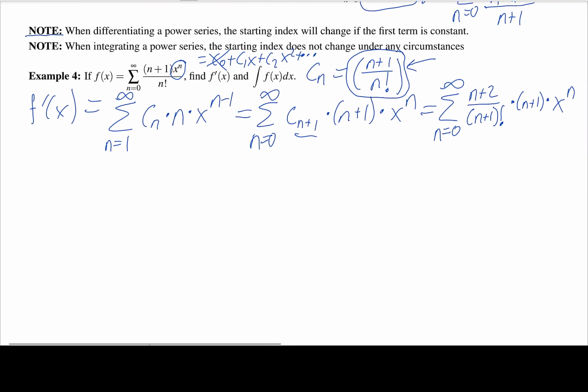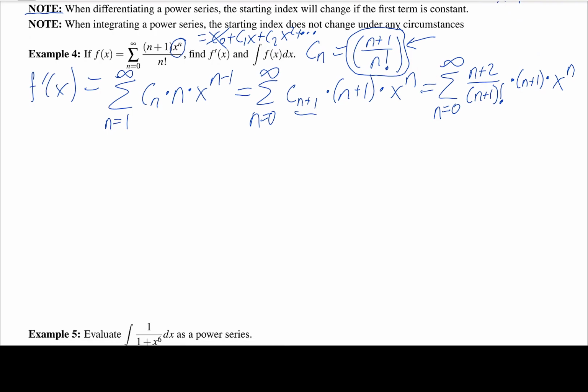Now we can actually simplify this a little bit more. So notice that I could have written this as one big fraction. And so here we would get n plus 2 times n plus 1.